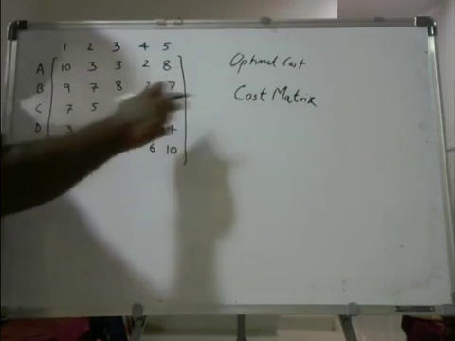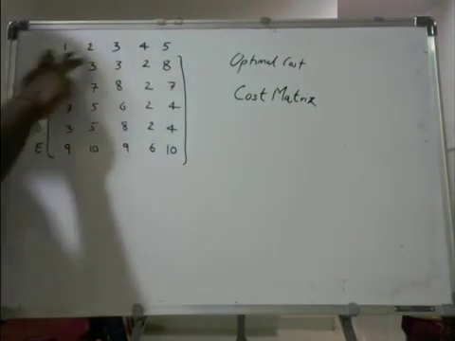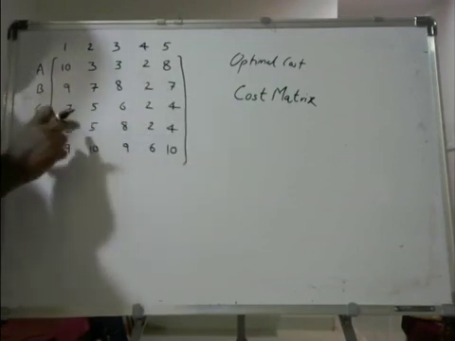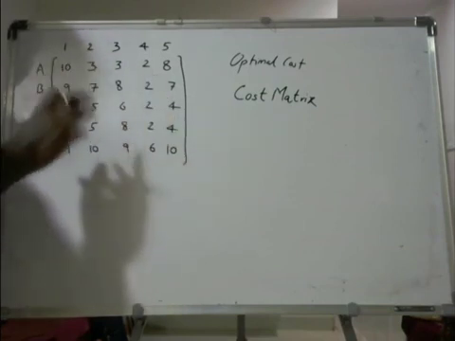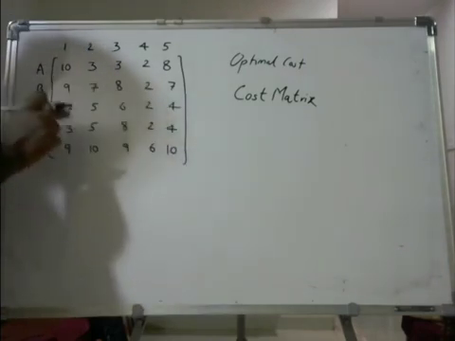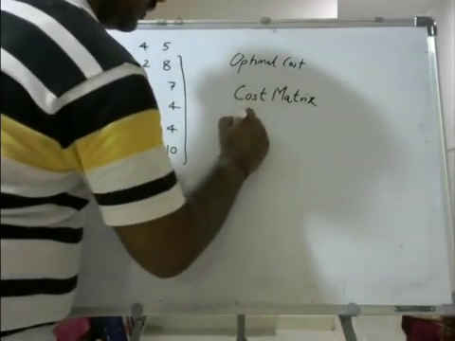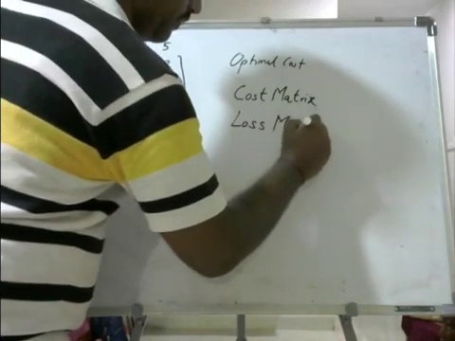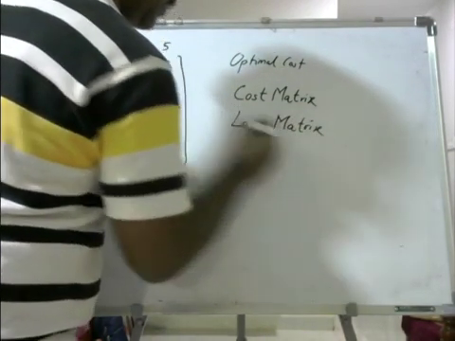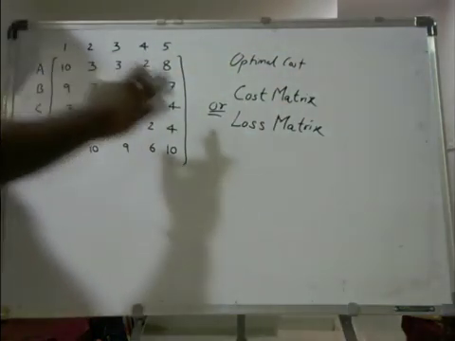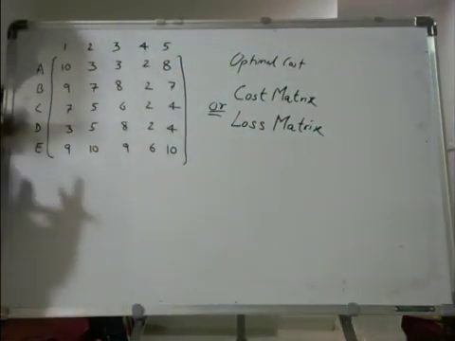Now, in this cost matrix, whatever is given in the matrix is all cost. This is also called the loss matrix. Both are the same. If they give you a cost matrix or a loss matrix, both are the same.